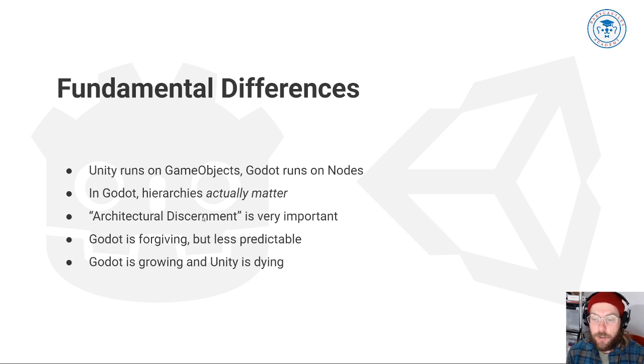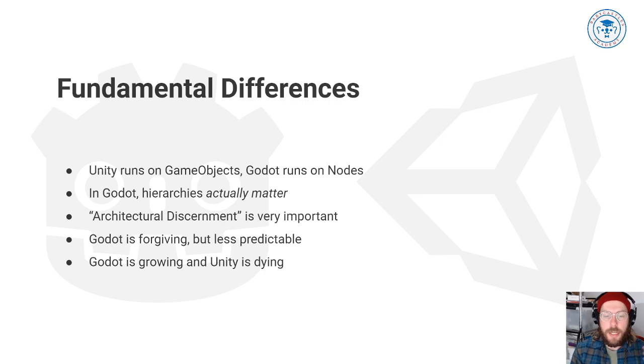And we're seeing the fruits of that in the little demo that we've been doing together, right? We're seeing how the relationship between our nodes in our hierarchy really matters.